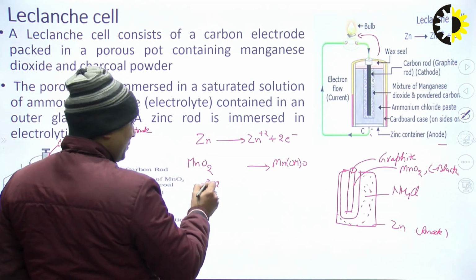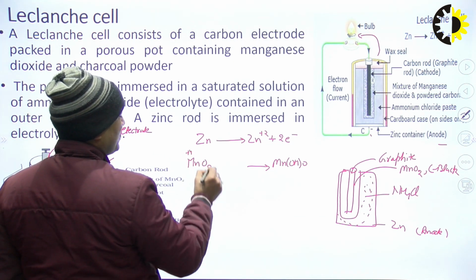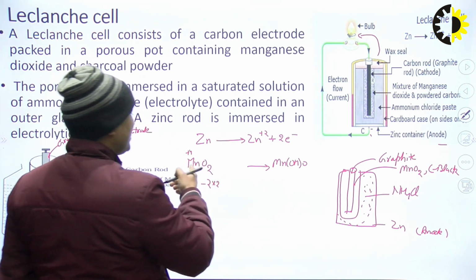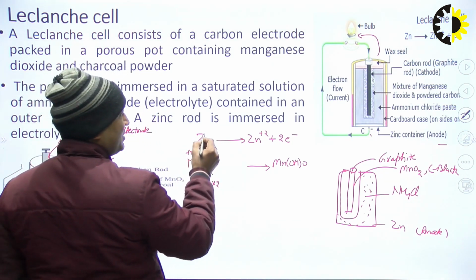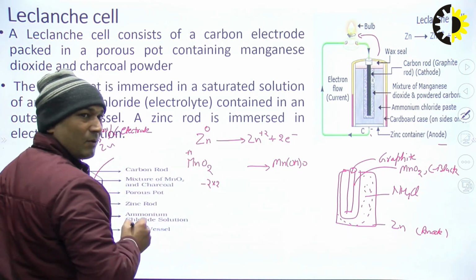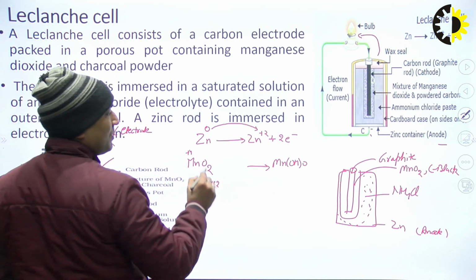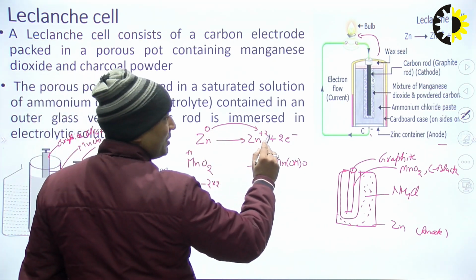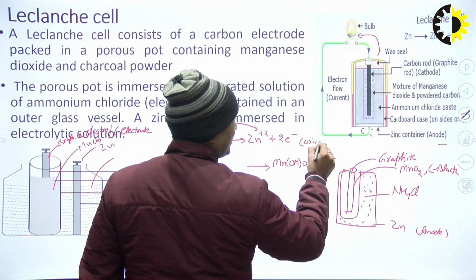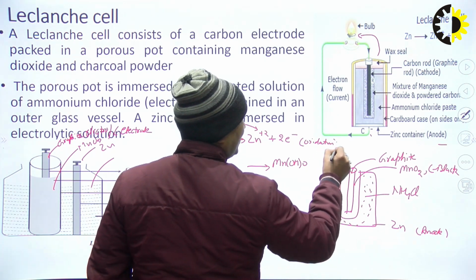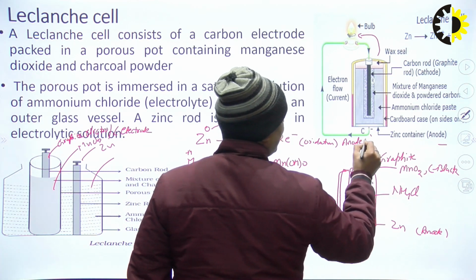So the total charge is -4, and the oxidation state of manganese is +4. As here the oxidation state of zinc is 0, when 0 is converted into +2, it means the oxidation state is increasing, and this increase is called the oxidation process, and this oxidation occurs on the anode side.